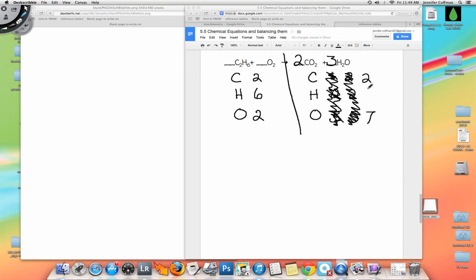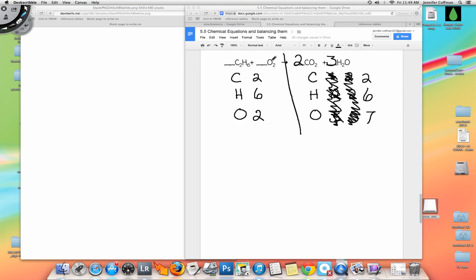Hydrogens, I have 6 hydrogens. Okay, looks good. 2 carbons, 2 carbons. 6 hydrogens, 6 hydrogens. Oh no, oxygens don't match up, and there's nothing I can multiply this oxygen by to get to 7, because I have a 2 here. So whatever number I multiply it by is never going to give me 7, if it's a whole number. Okay, and this is where the trick comes from.